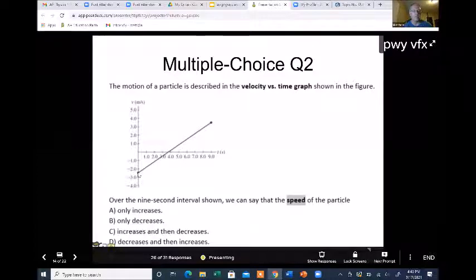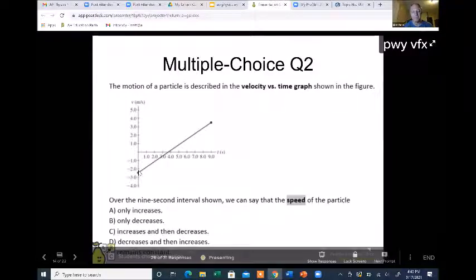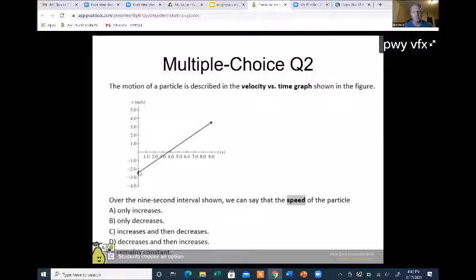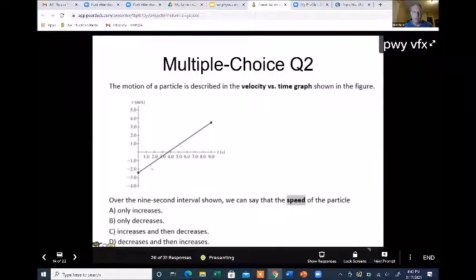Because notice, this thing starts off with a velocity of about -2.5, which means the speed is just what? 2.5. And as we move forward, what's happening to the speed?